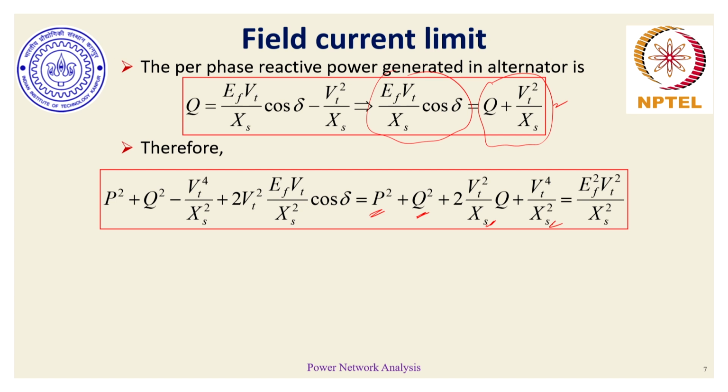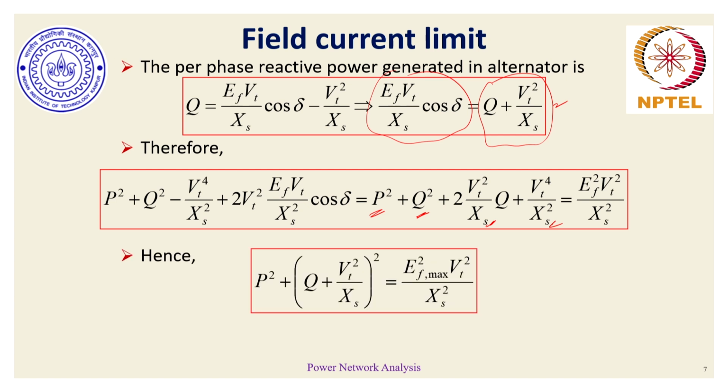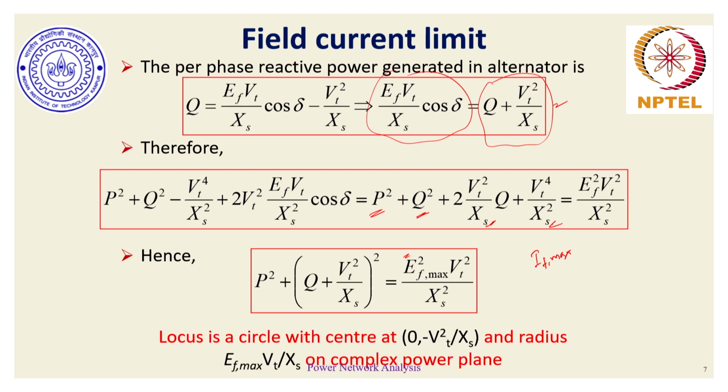A little simplification would reveal that the locus for the maximum field current limit, wherein EF max is the maximum induced EMF because of the maximum field current limitation from the operation perspective, can again be defined as a circle on the PQ plane, whose center is at 0 with minus Vt² by Xs as the coordinate, and the radius of the circle is EF max Vt by Xs.